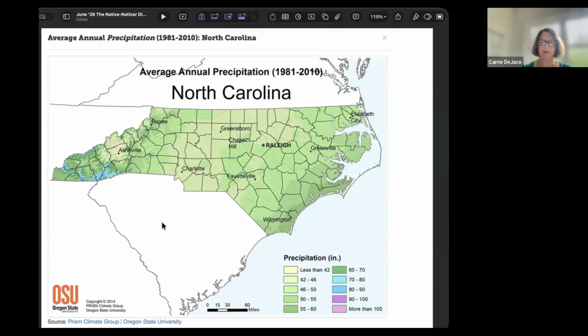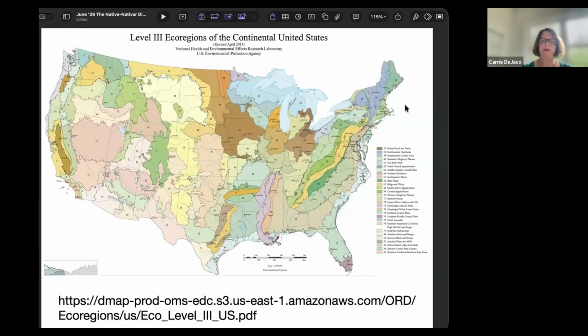So what we really want to get into more when we're talking about what's native is what we call ecoregions. I will frequently provide my sources down here for you if these are resources that you would like to look into for more information. This map is showing all of the ecoregions of the United States. Back in grade school, we learned about things like biomes.